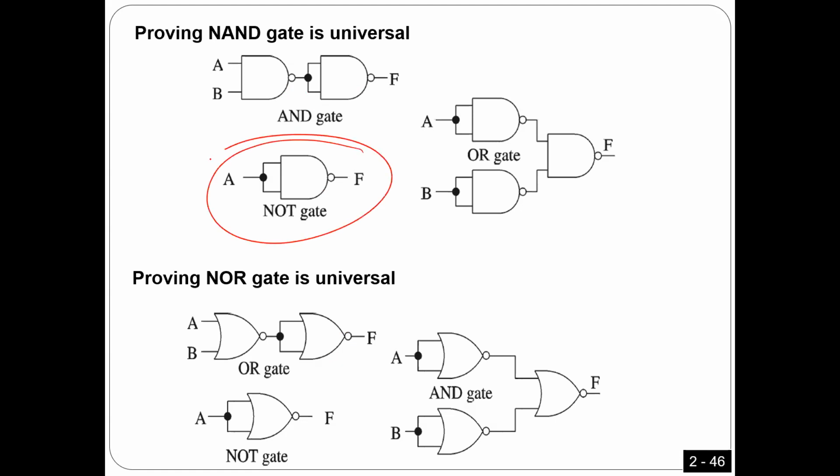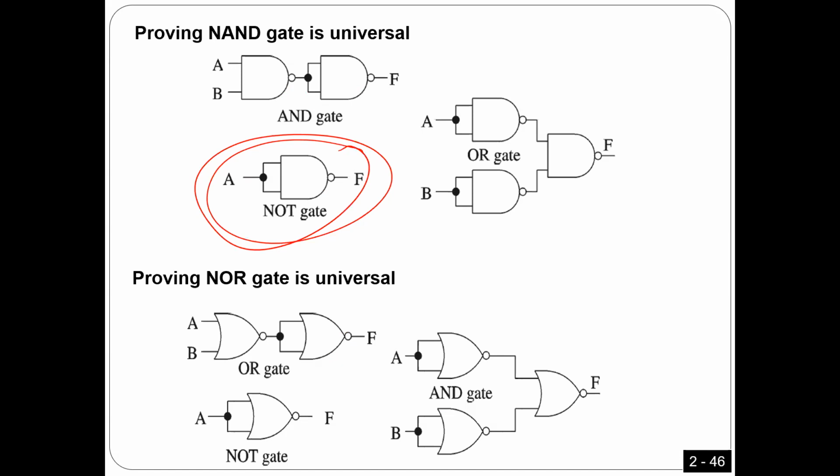Look at this one. If you have NAND and you tie the 2 inputs together, it becomes an inverter. If you have NAND and then put this one next to it, I make an AND gate. If you want to make an OR gate, it has to be this way. So I have A prime, B prime.